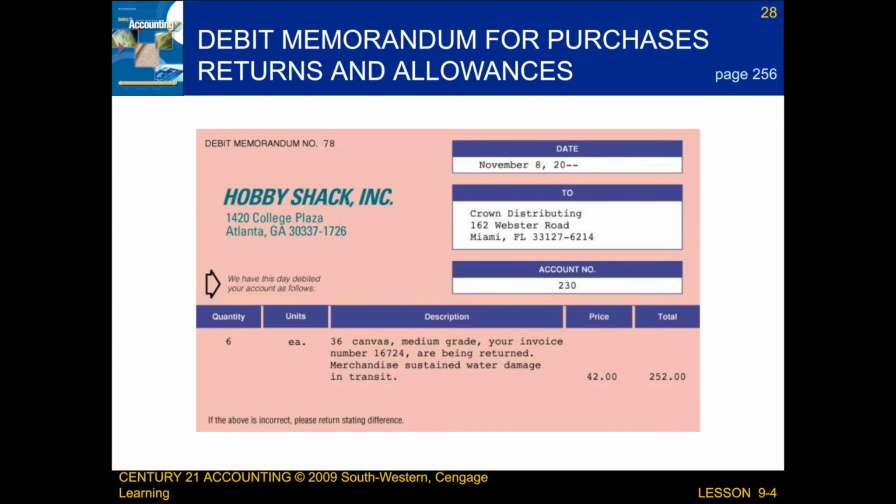And the total is $252. The way that's calculated is by multiplying the quantity times the price. So if we take 6 units each and multiply it by the price, which is 42, that will give us the total, which is $252. It also says down here, if the above is incorrect, please return the stating difference.